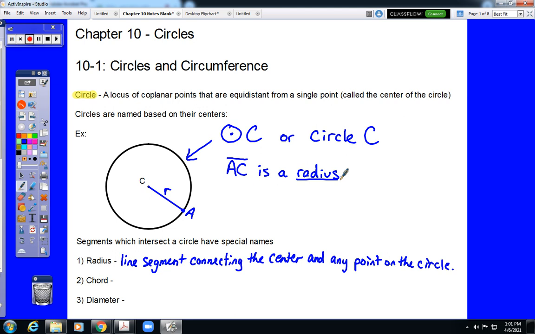Next up, we have the idea, and this might be new to a few of us, we may not remember this, the idea of a chord. Anybody tell me what a chord is? I'm not talking musical chords, I'm talking in a circle. What's a chord? It is a line segment whose endpoints lie on the circle. Both endpoints are on the circle. Okay?